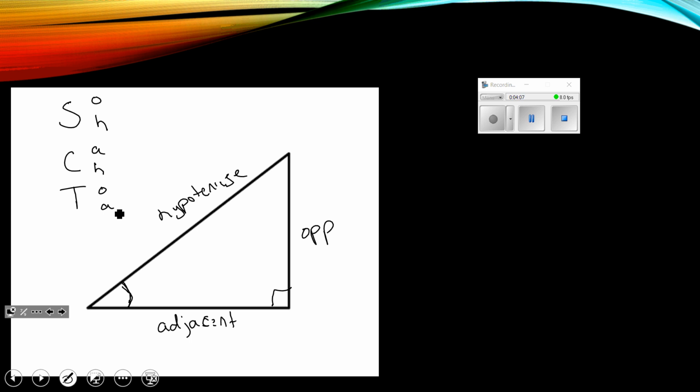So we knew that our sine was equal to the opposite over the hypotenuse. That's what you learned and that was like a fraction. Any questions on that? We knew that the cosine was the adjacent over the hypotenuse. And we know that the tangent is the opposite over the adjacent.